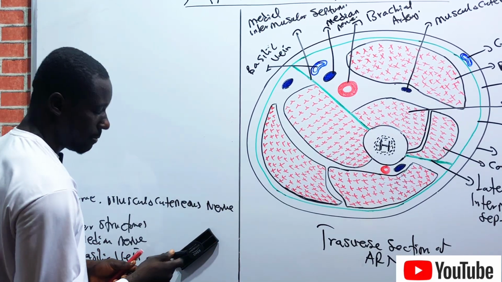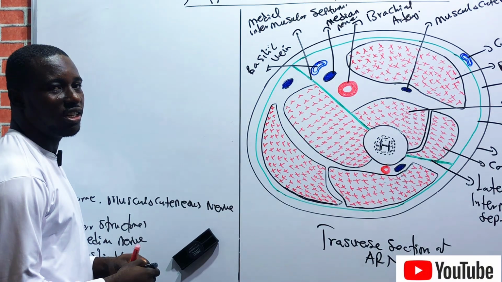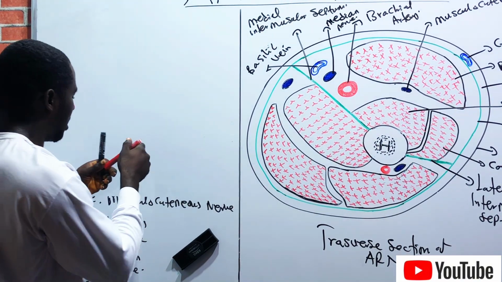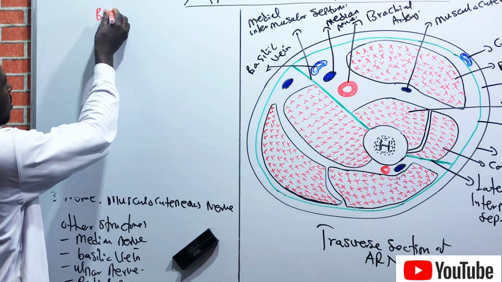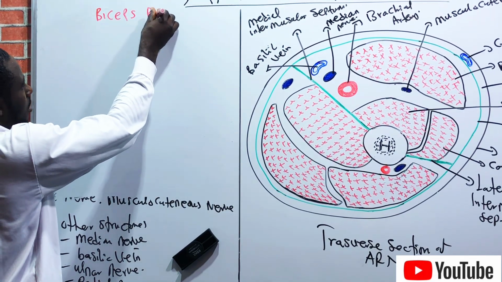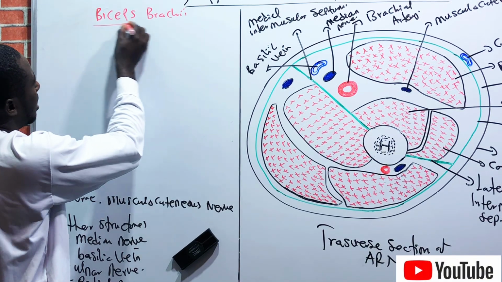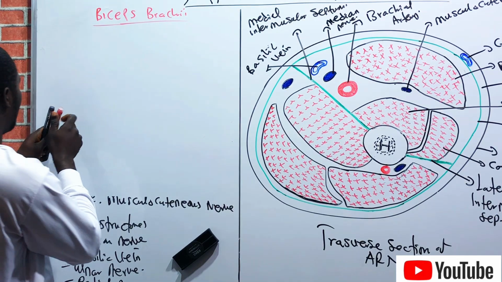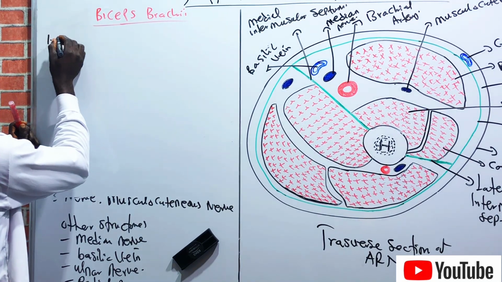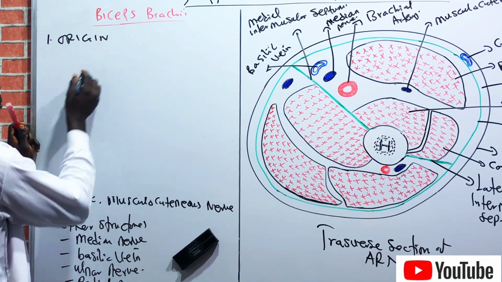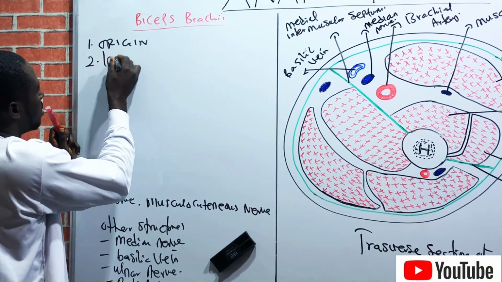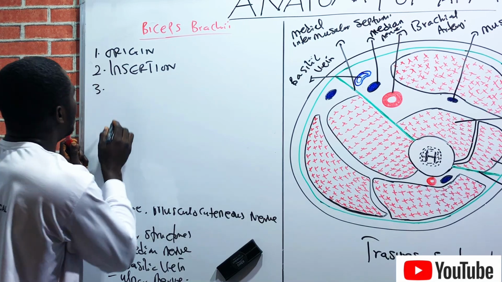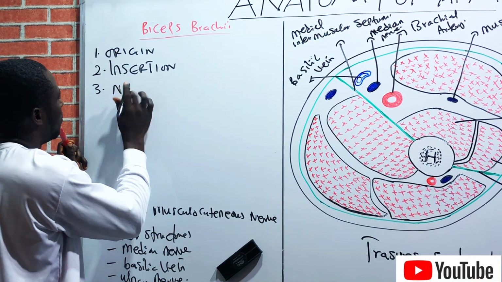The first muscle we'll be discussing is the biceps brachii. We'll be discussing it based on the following headings. One is the origin. Two is the insertion. Three is the nerve supply.